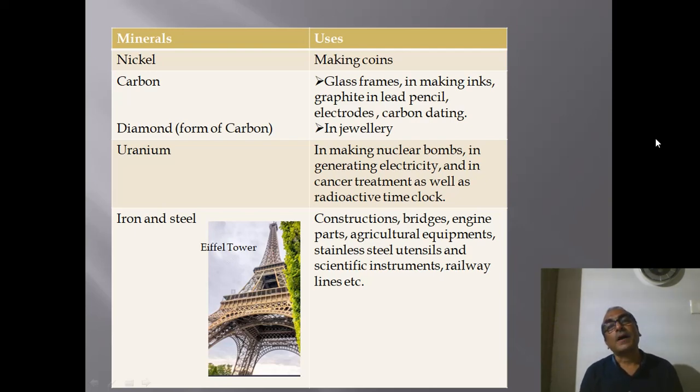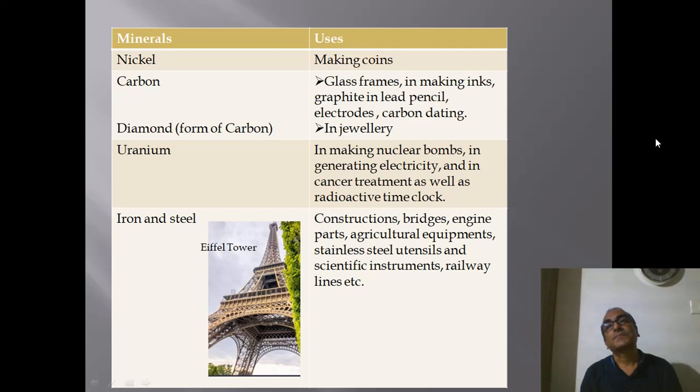Then carbon. Carbon is also one of the elements which is used, and carbon is there in all the living organisms, because biological molecules are made up of carbon, hydrogen, oxygen, nitrogen. These elements make up our proteins, carbohydrates, and also it is part of our building structure in our body.